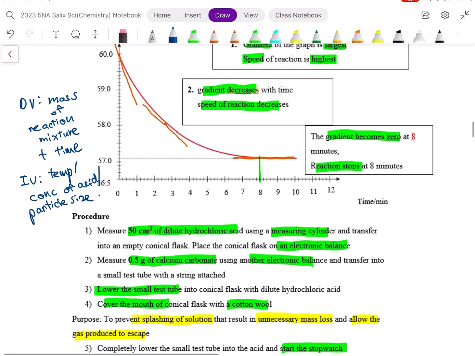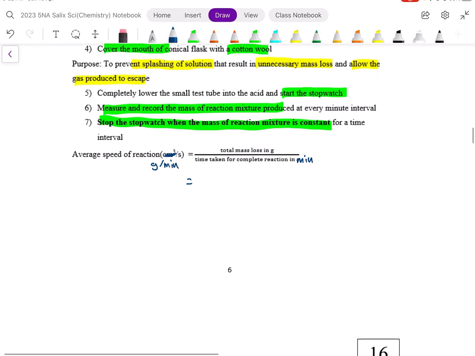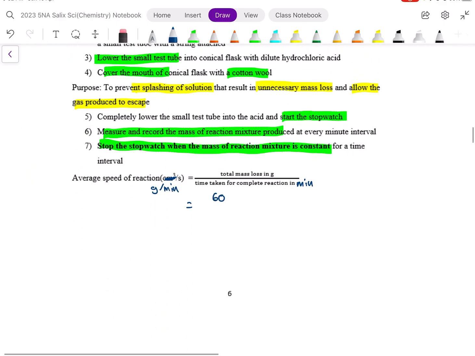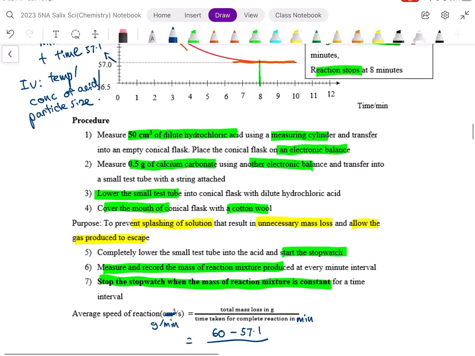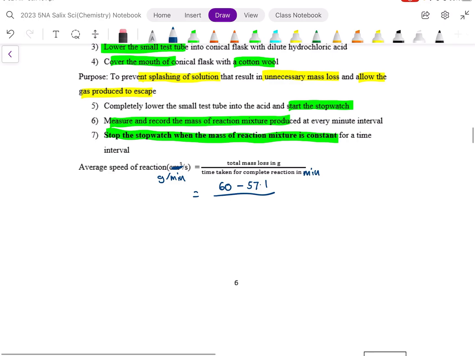In this case, let's take a look at what the mass loss is. Here is 57.123. So the mass loss is 60 minus 57.1, over 8 minutes. I can calculate the average speed of reaction by taking the total mass loss over the time taken.